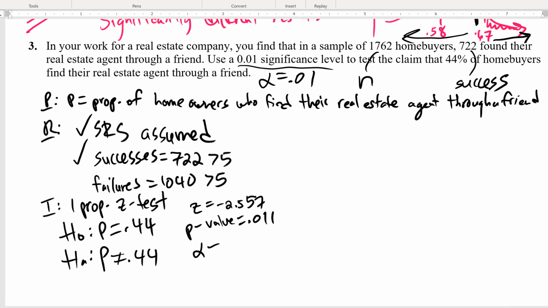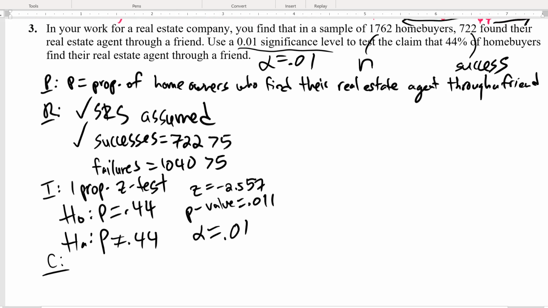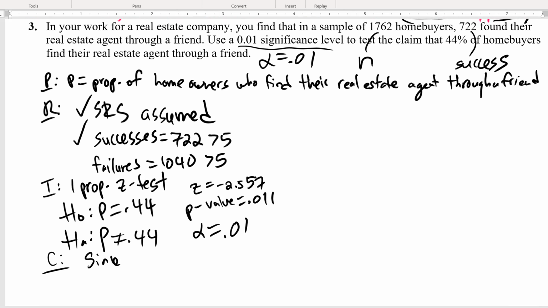What was our alpha level? They told it to us this time. So based on this, what's our conclusion? Since the p-value is greater than alpha, not by much but it is greater by about 1,000th, we fail to reject the null hypothesis.